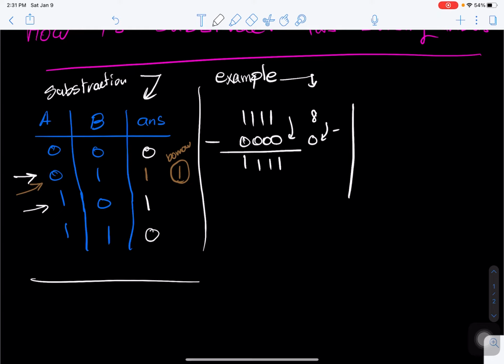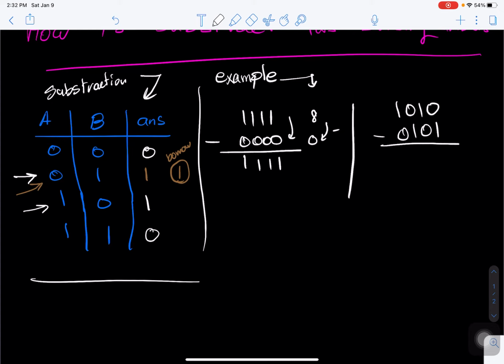The next one, let's make it a little harder. It's going to be 1 0 1 0, and then we're going to subtract 0 1 0 1 from it. So let's look at our table.